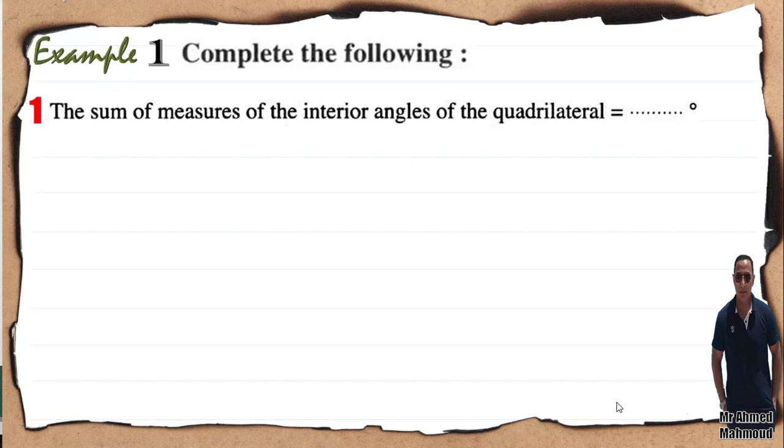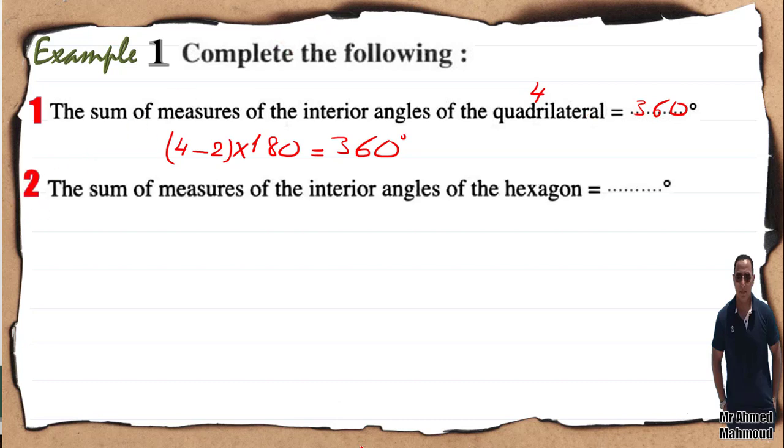Now let's solve the first example in this lesson. Number 1, the sum of measures of the interior angles of a quadrilateral. A quadrilateral means 4 sides, so the sum equals (4 minus 2) times 180 equals 360 degrees. Number 2, a hexagon. Hexagon means 6, so it is (6 minus 2) times 180 equals 720 degrees.